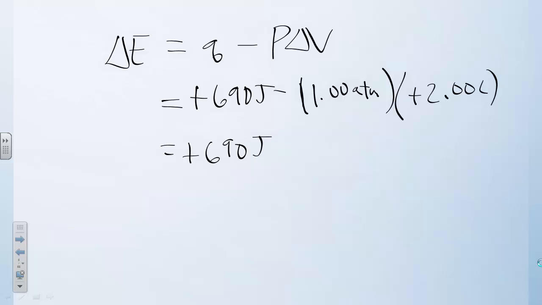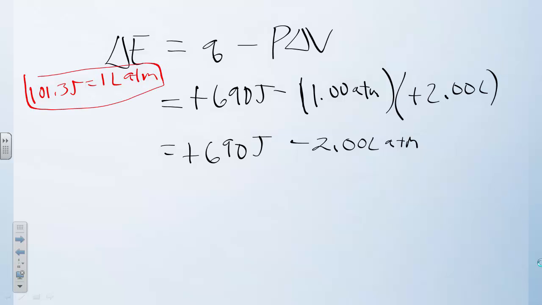And then here, if we multiply this together, we have minus 2.00 liter atmospheres. Here we need to avail ourselves of this conversion factor that I'll put in this red box, which is that 101.3 joules is equal to 1 liter atmosphere.